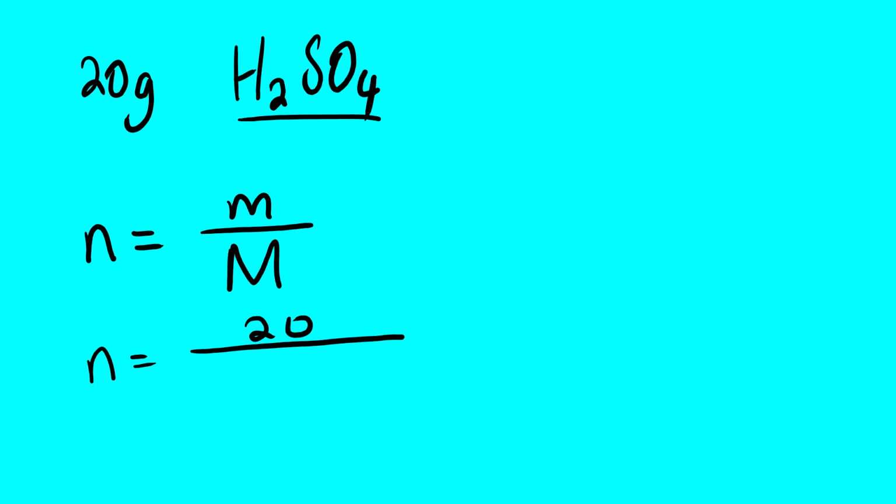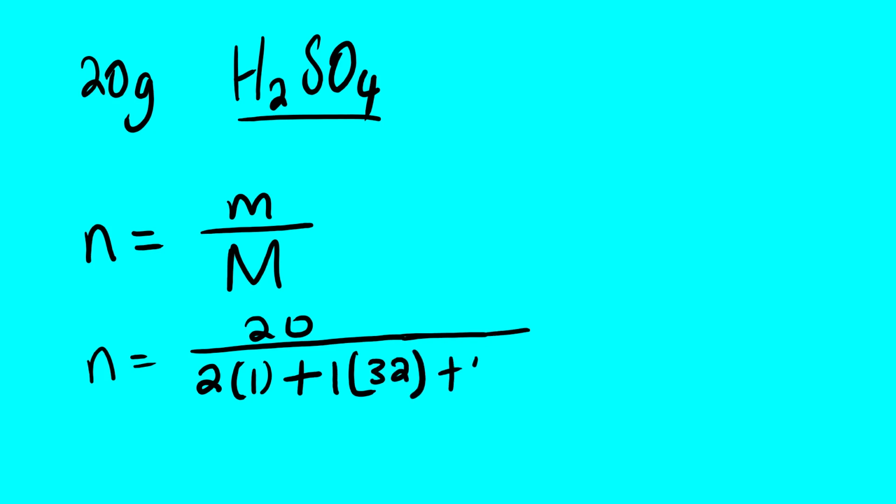the molar mass. We have 2 atoms of hydrogen, and the molar mass of a single hydrogen is 1 from the periodic table, plus we have 1 atom of sulfur. The molar mass is 32.